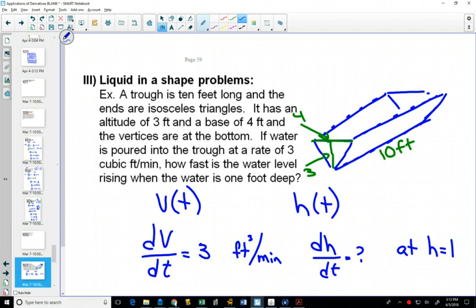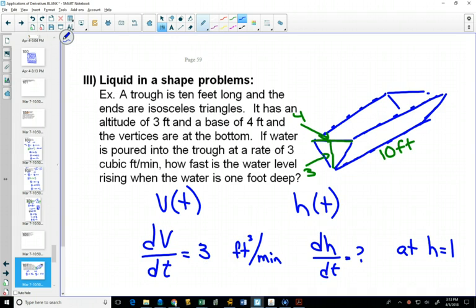So, what is our volume formula for our trough? Well, our trough is a triangular prism. Okay? So we need to figure out how to figure that. The area of your triangle times your height will be your volume.